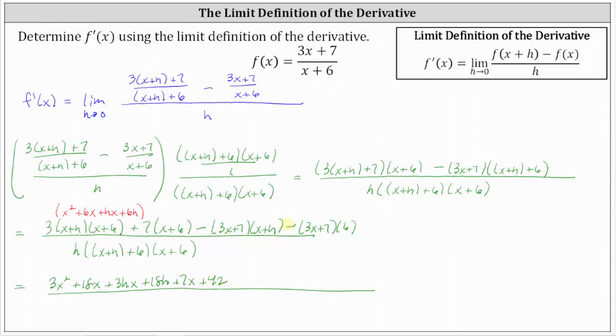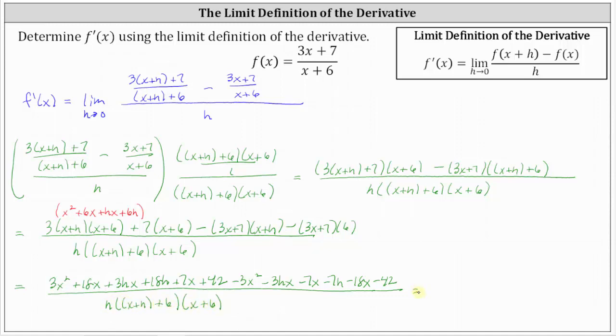Next, we subtract the product of 3x plus 7 and x plus h, which gives us minus 3x squared minus 3hx minus 7x, and then minus 7h. Then distributing 6 and subtracting, we have minus 18x minus 42. We need to be careful on the second part because we are subtracting the products. All this is still over the same denominator.